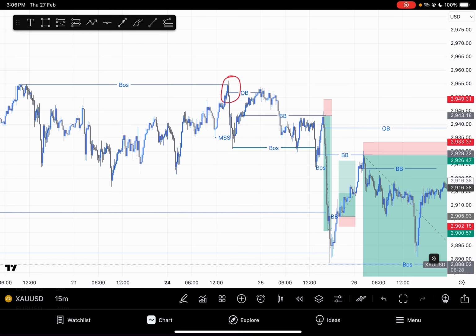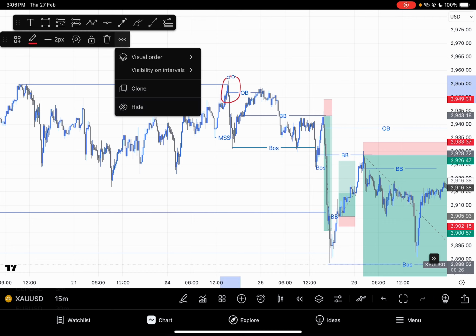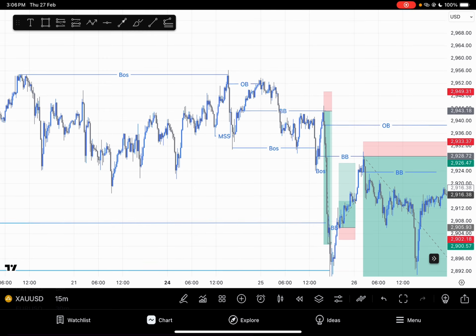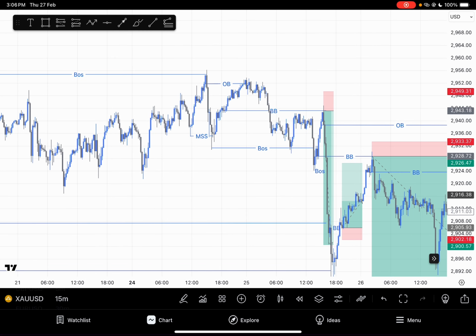If you watch my previous videos, I always talk about order blocks and breaker blocks, and I said each time price creates a break of structure, it must always go back to retest on either an order block or a breaker block. Most especially, gold mostly uses the breaker block instead of the order block.